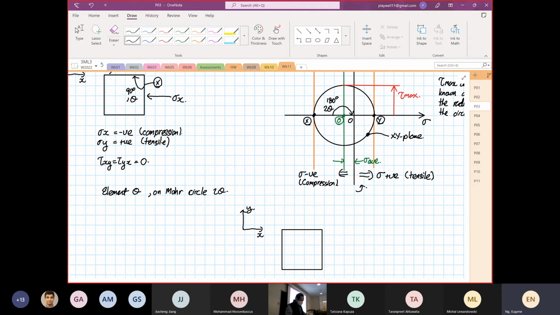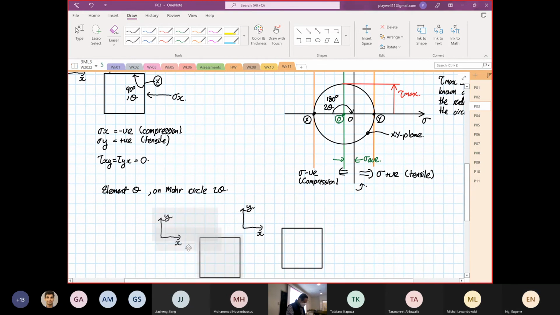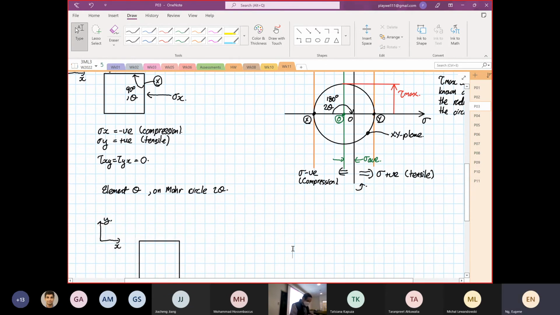Then there's another point that I want to highlight. I'm going to call this point over here stress 1, and this point over here stress 2.